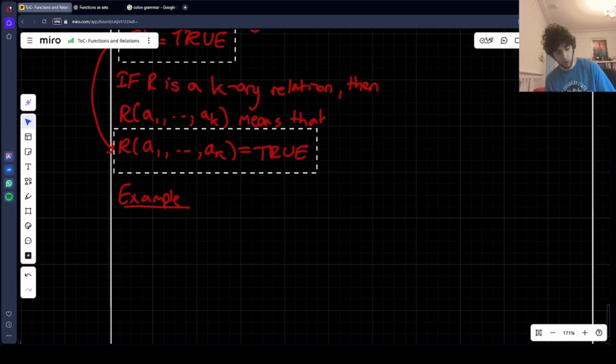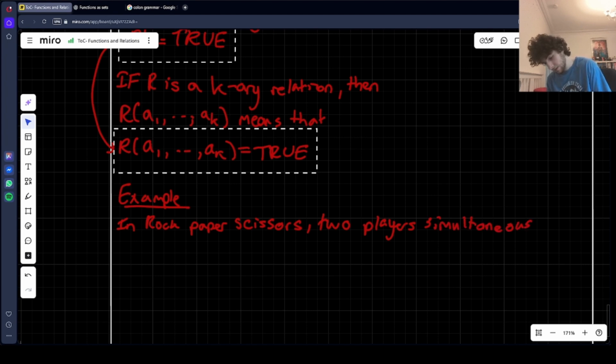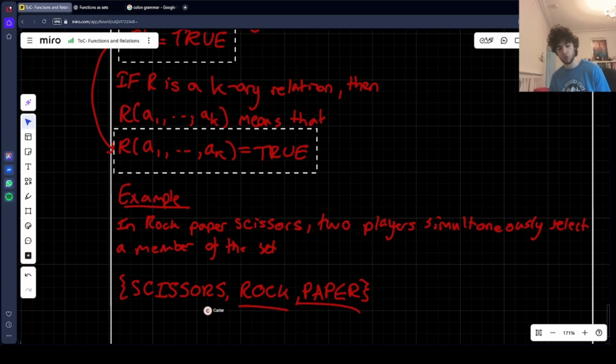For example, in rock paper scissors, two players simultaneously select a member of the set. There are three options when you're playing: scissors, rock, and paper. So the input to that relation is going to have to be one of these options, because each player can only choose one of scissors, rock, and paper for each move.